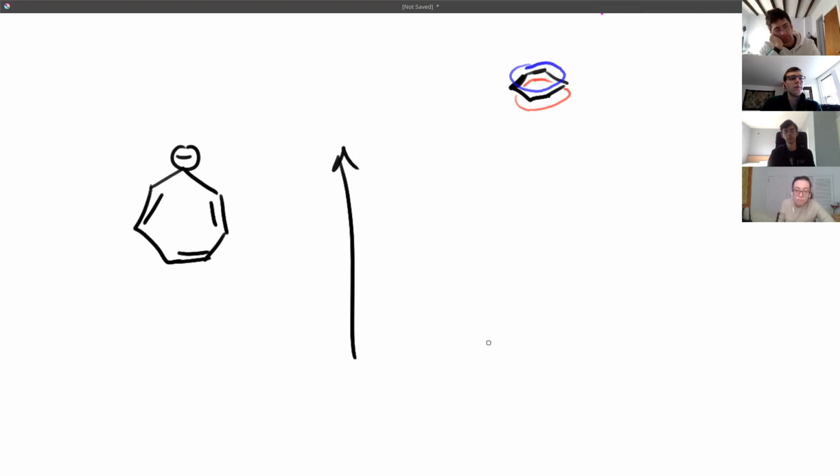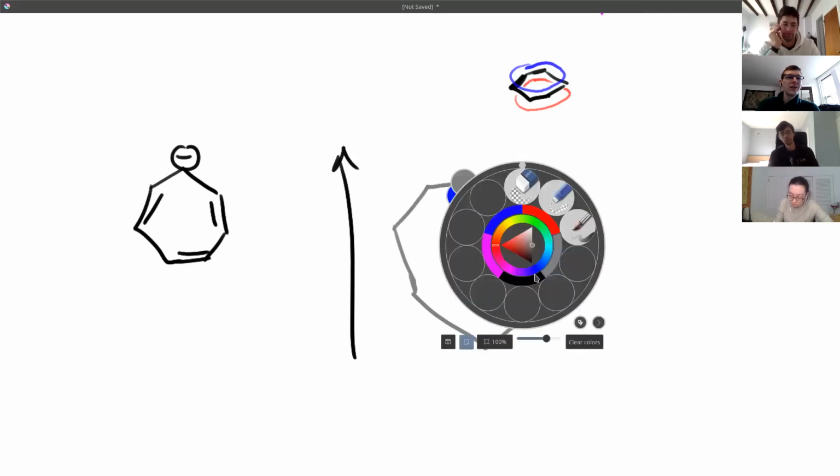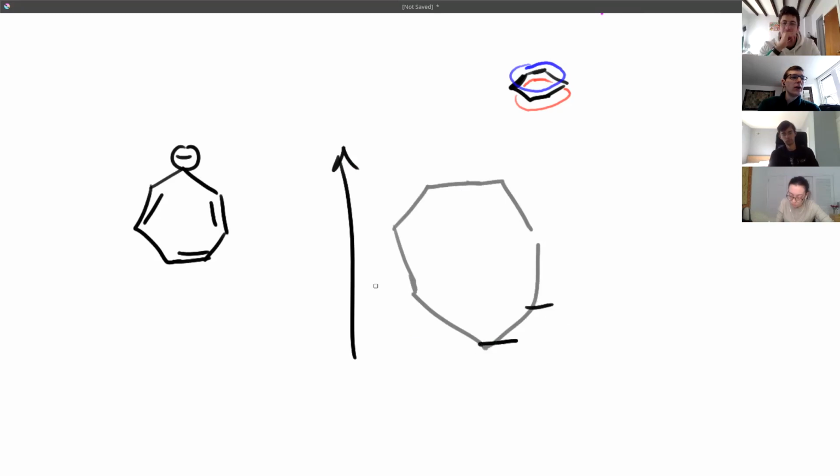So there's going to be 1 vertex at the bottom, and then from there, we fill in. Oh, well, this thing is even harder to draw upside down. Okay, great. And so there.